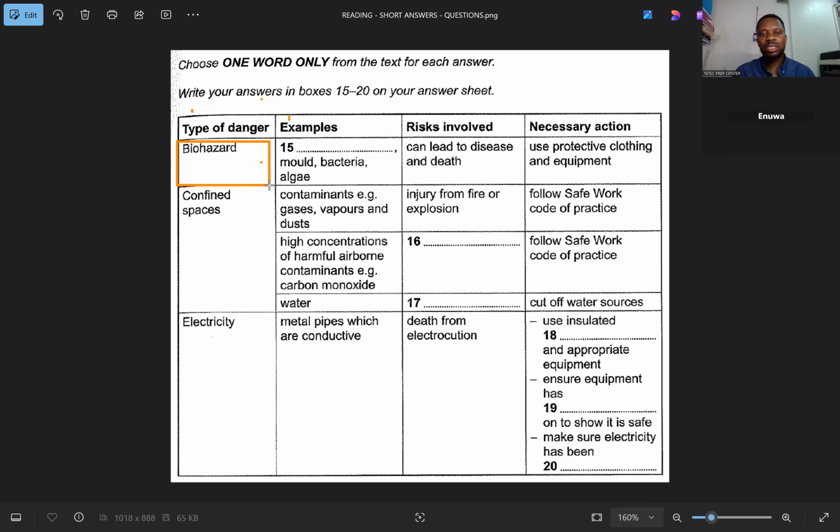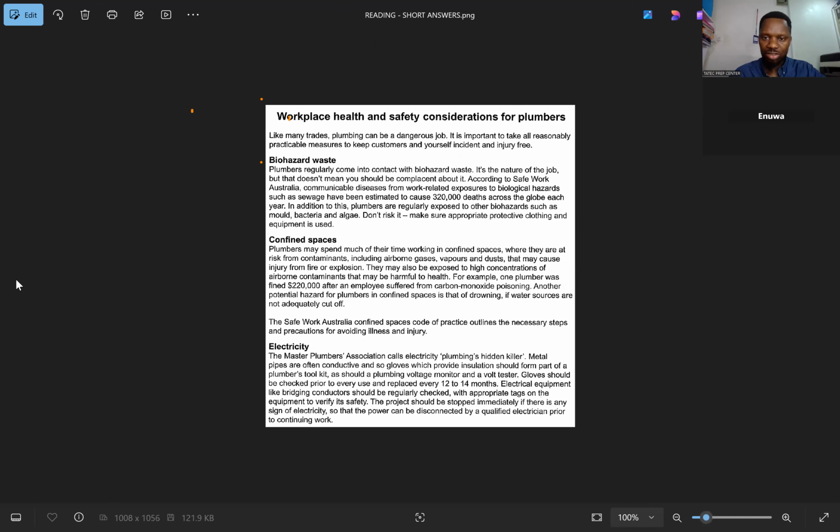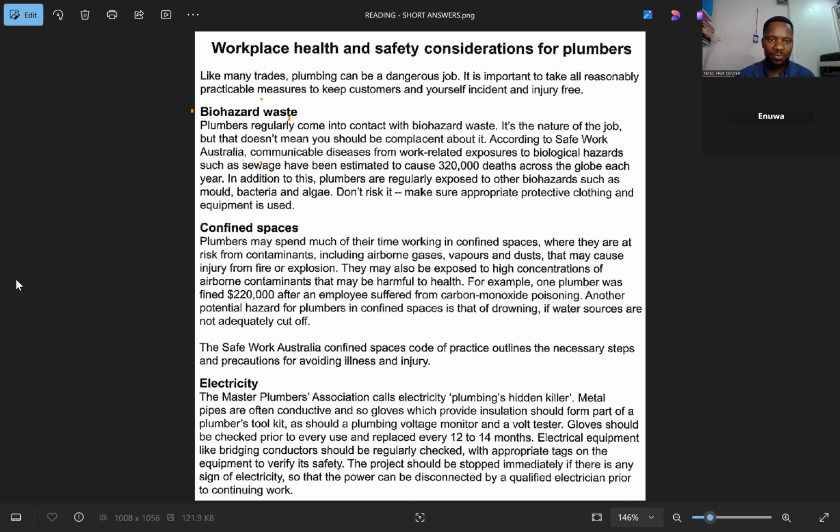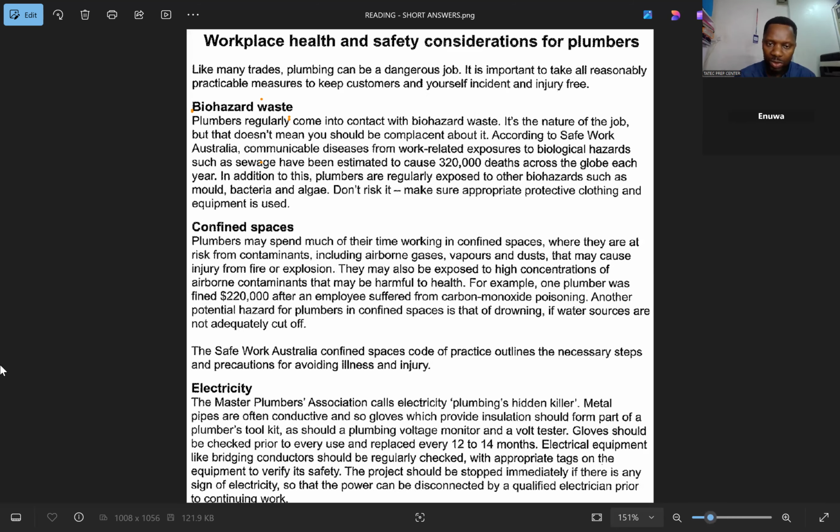Now, the question says, dash, mold, bacteria, algae. So what you want to do is go back to the passage and read. Look for where you have the list of biohazards. So from here, please let's be careful.